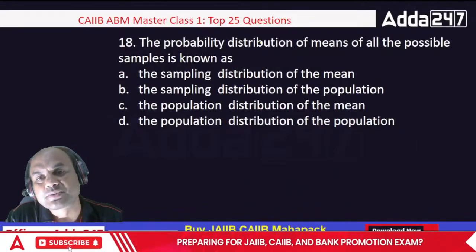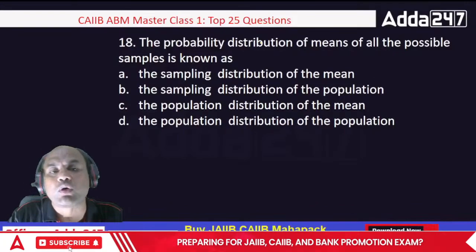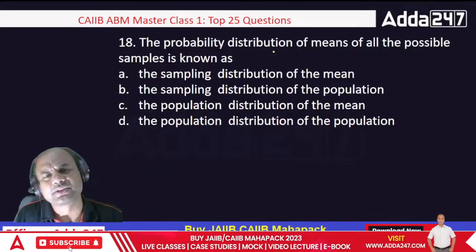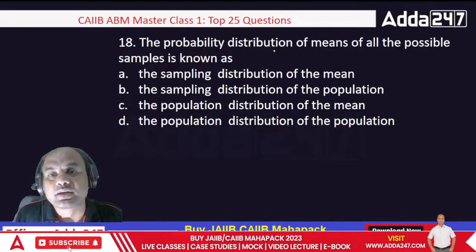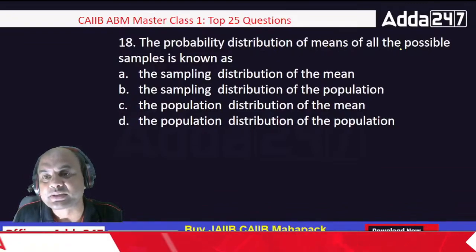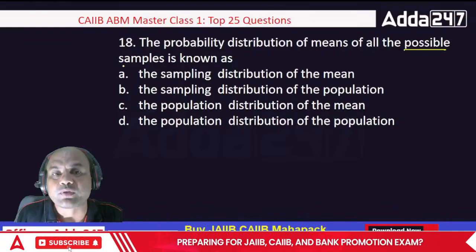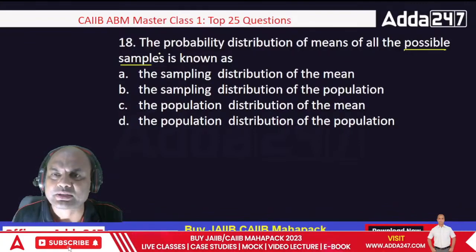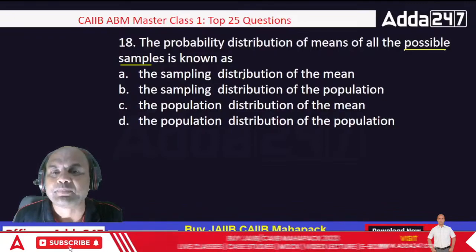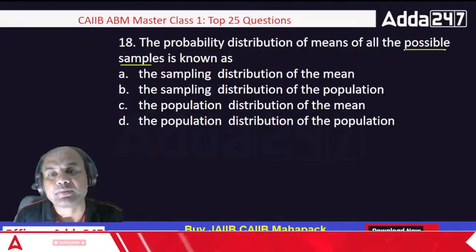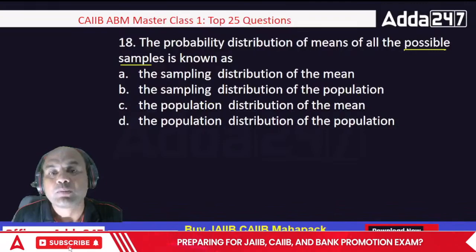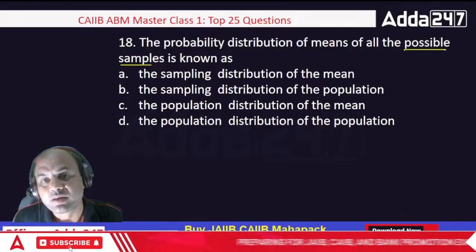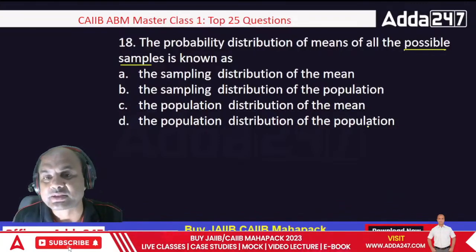The probability distribution of means of all possible samples is known as, now this is a theory question, the distribution of means of all possible samples. So we are doing it for samples. What should it be known as? Sampling distribution of the mean, sampling distribution of the population, population distribution of the mean, population distribution of the population.